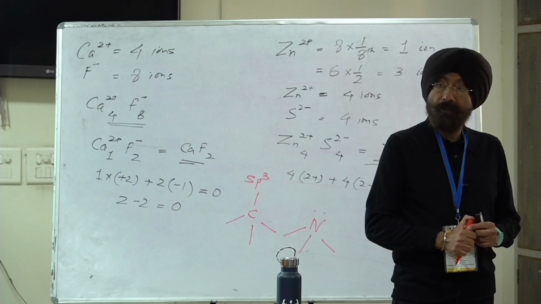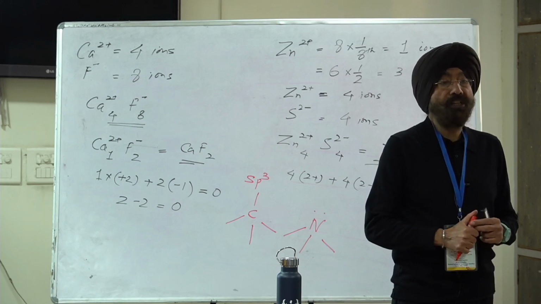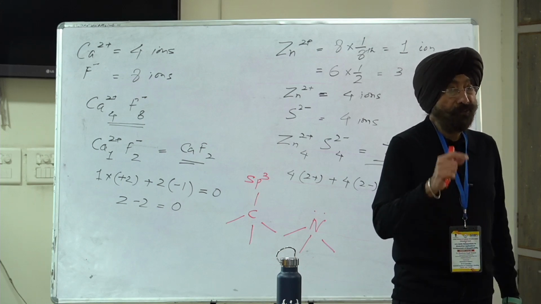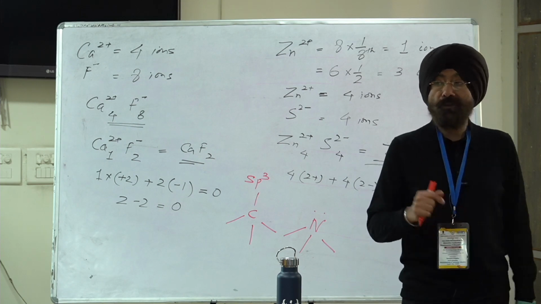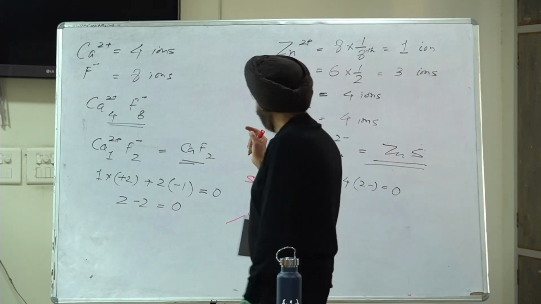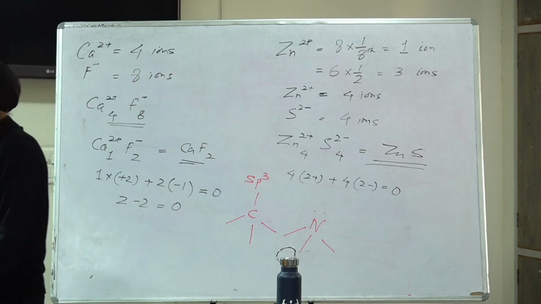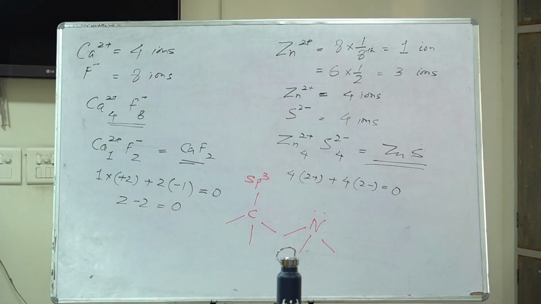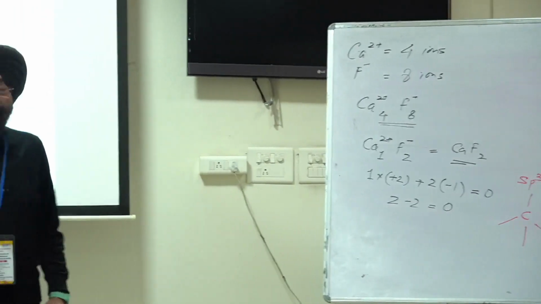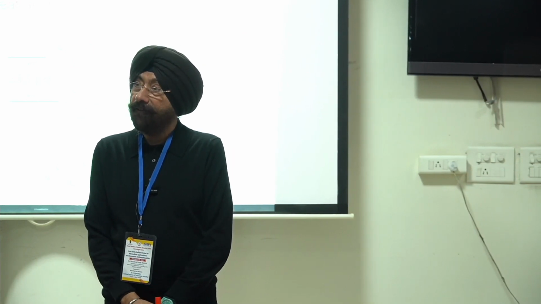Pyramid is the shape, not the geometry. When we say geometry, it means you have to name the geometry. So tetrahedral is the geometry for methane, and likewise for ammonia, what is the geometry? Again tetrahedral.